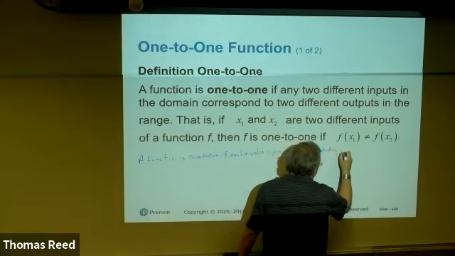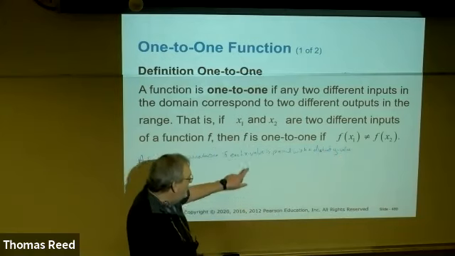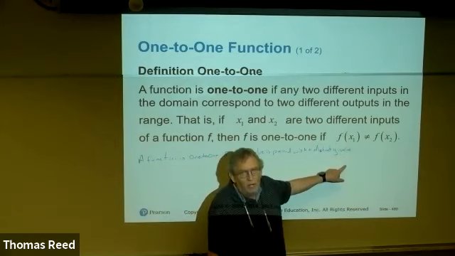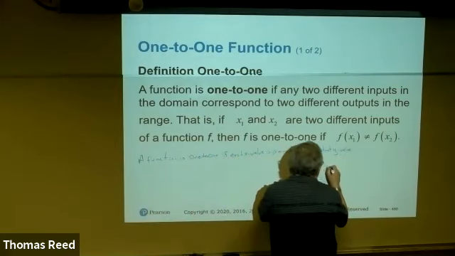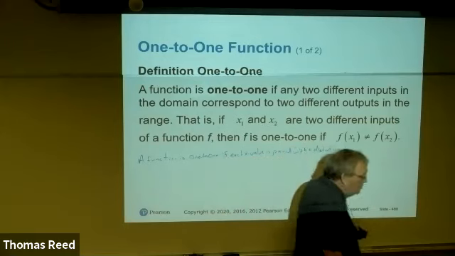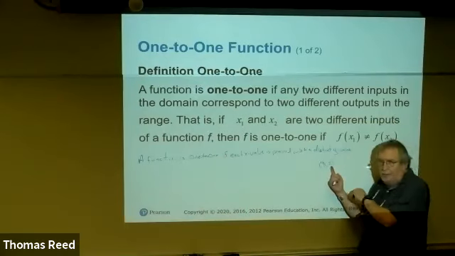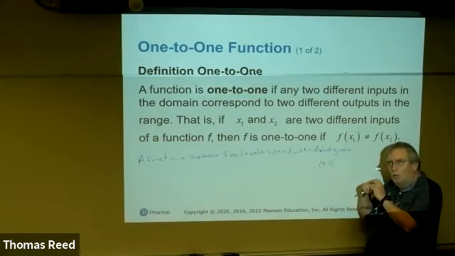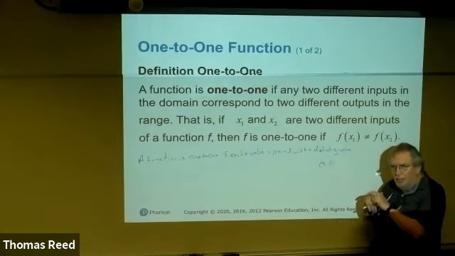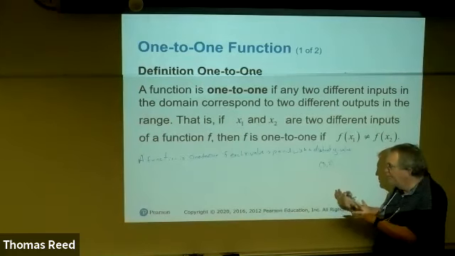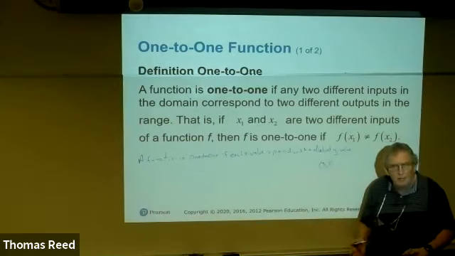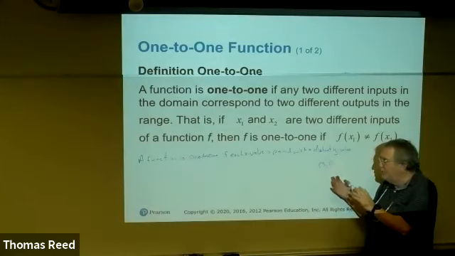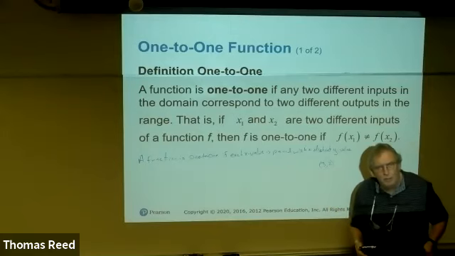Not only is it paired with exactly one y value, but it's the only x value with that y value. So if 3 is paired with 2, 2 is only paired with 3. So one of the effects here of it being a function is that the x values don't repeat. And one of the effects of a function being one-to-one means the y values don't repeat.